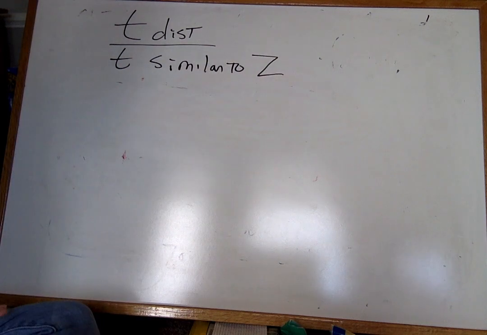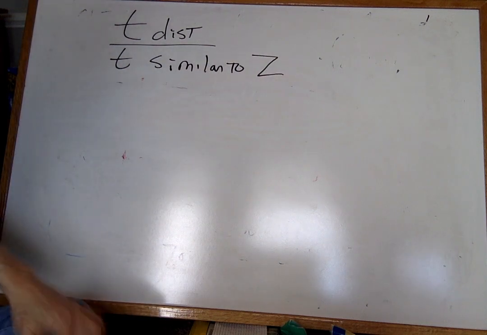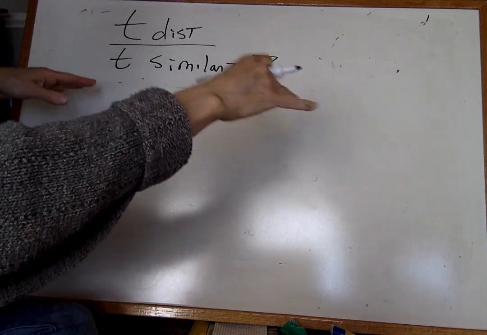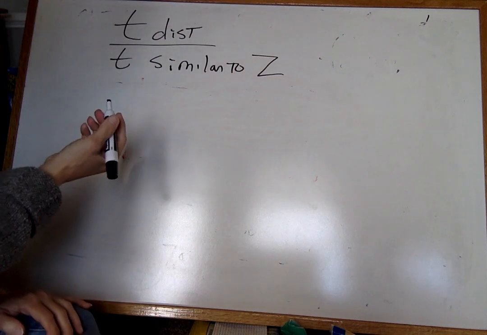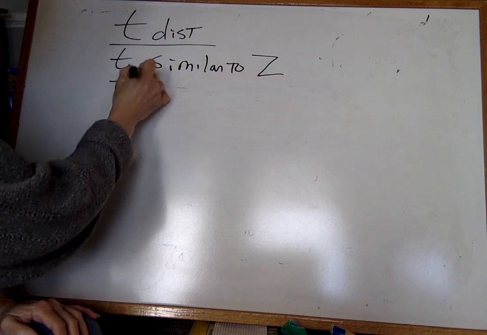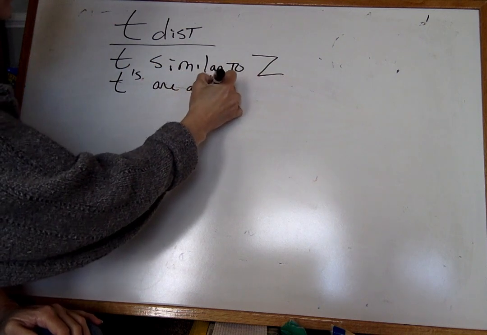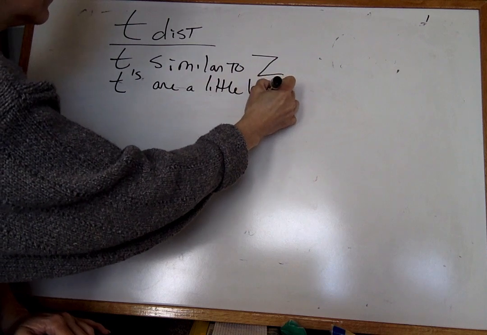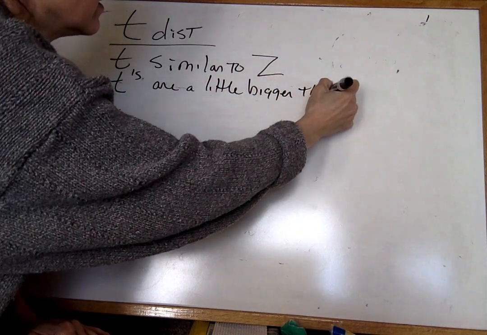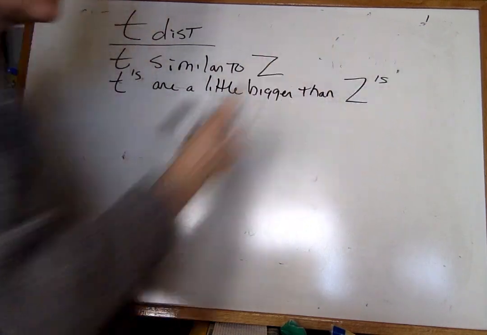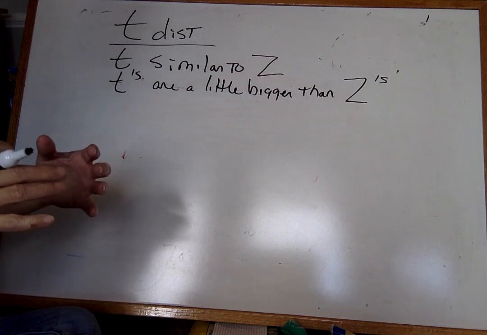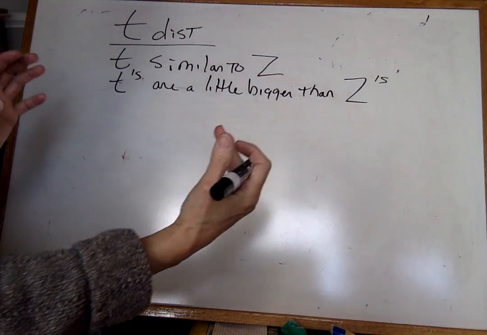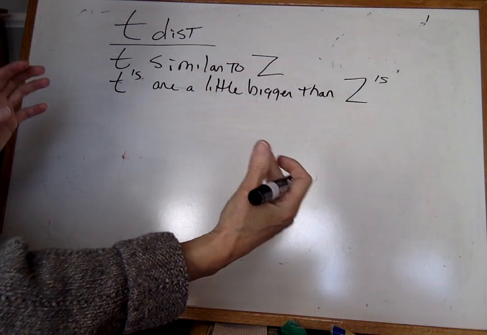The T distribution is very similar to the Z distribution. It's unimodal and symmetrical. Basically, T's are a little bigger than Z values. What has that got to do with what I said a few minutes ago? That I get nervous and I wanted to make my interval a little bit wider.